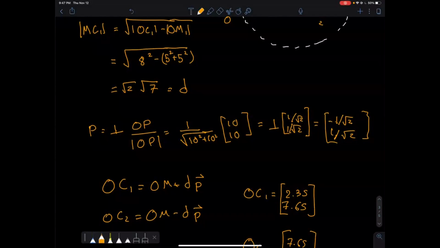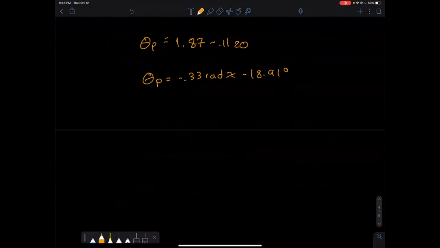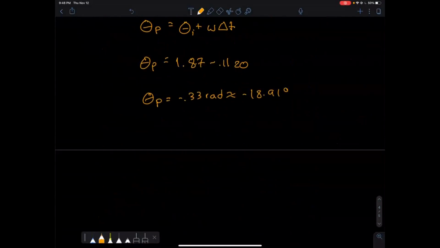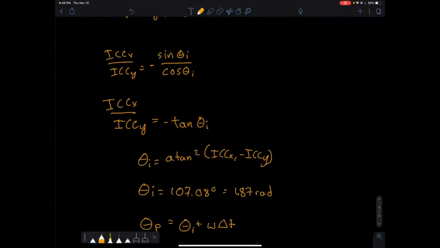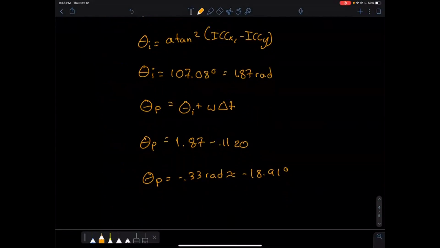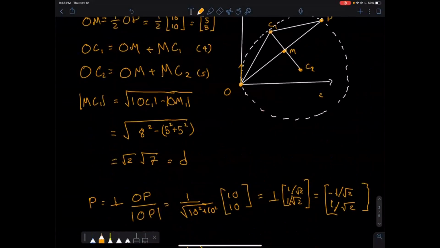Yes, negative 0.33 radians is your final orientation at the end of the arc. Is that negative 0.33 radians from the x-axis? Yes, all of these are with respect to the x-axis. Because if it's negative radians from the x-axis, that means the robot is pointed towards quadrant 4, down and to the right.